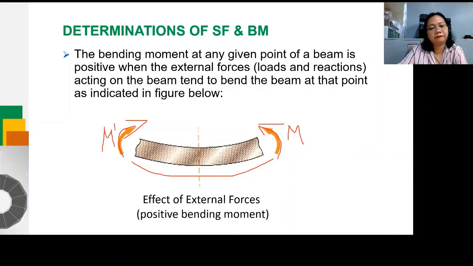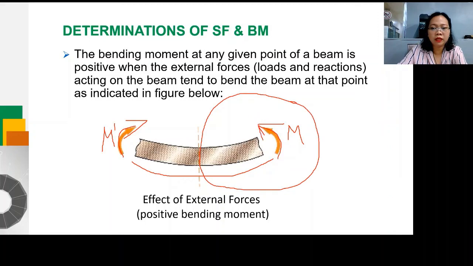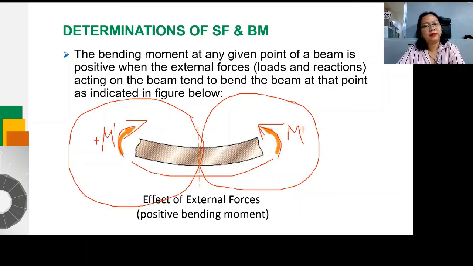M prime, okay? So when you consider this part of the beam and you have a moment here, that is a positive moment. And when you consider this part of the beam, that moment M prime is positive. Simple now.